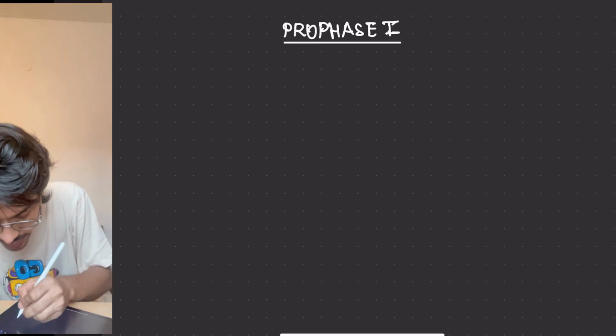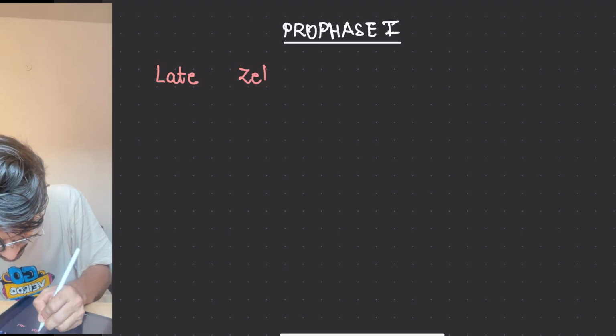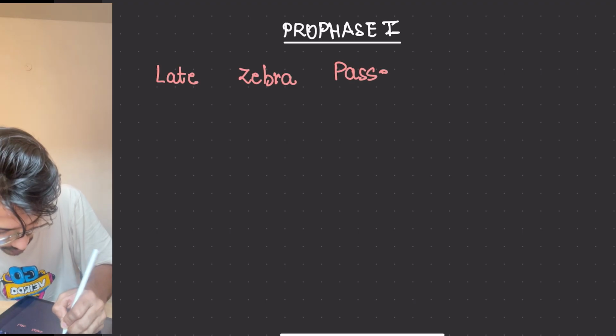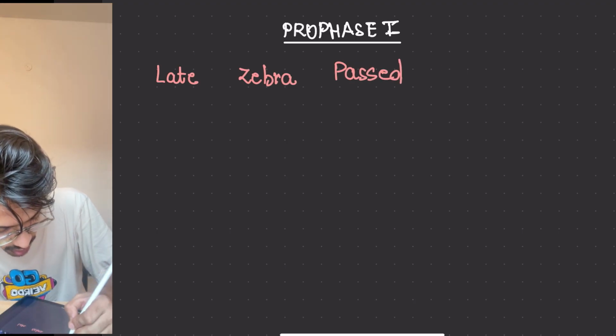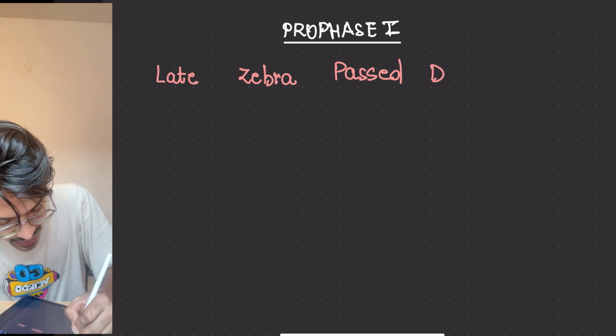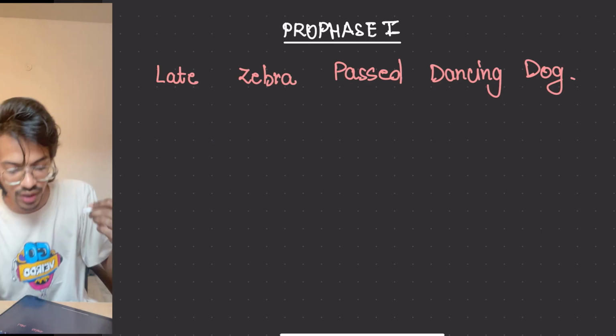The mnemonic is: late zebra passed dancing dog. So what is this?